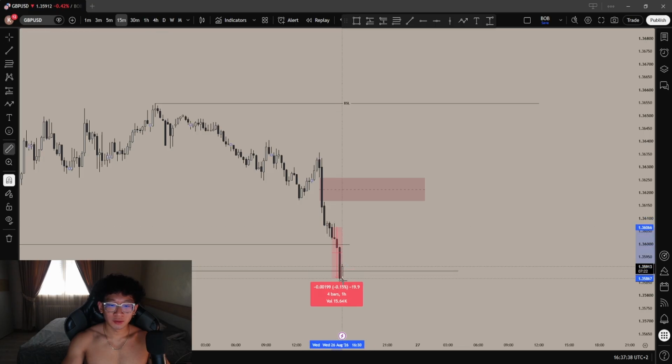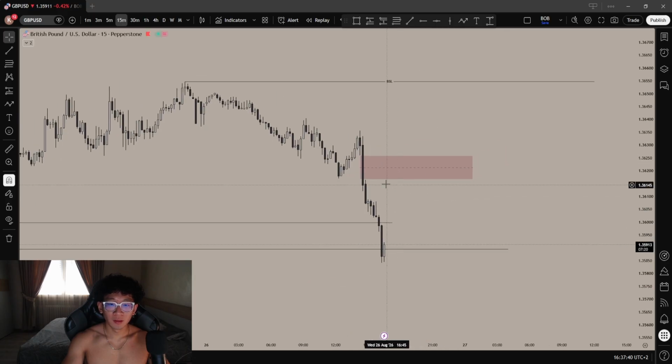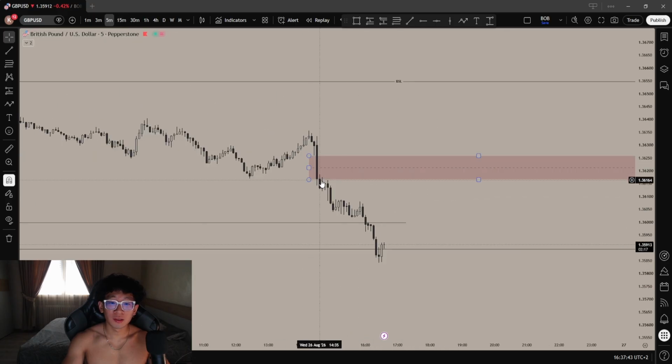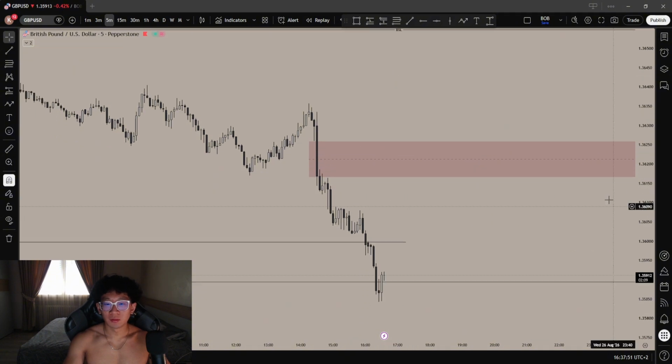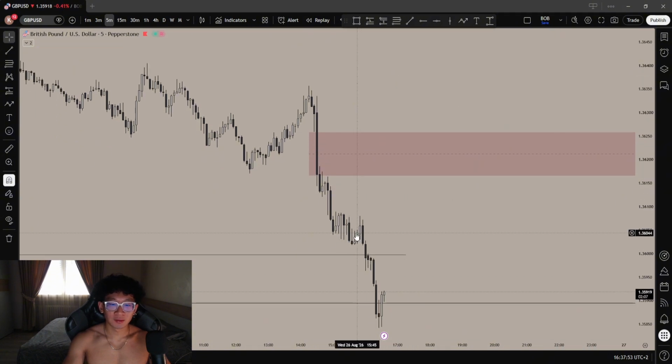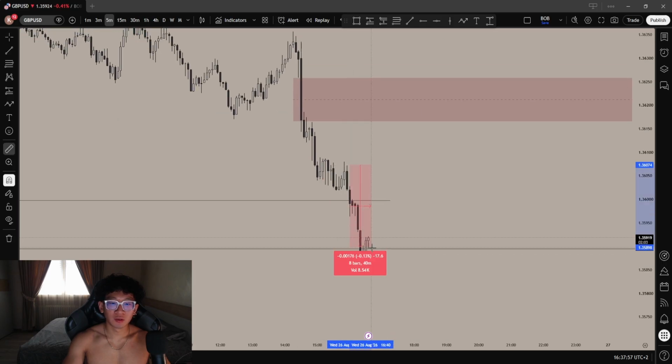It was just not enough, and we had no opportunities to jump into this trade due to lack of confluences because price just retraced this little bit right here and then kept dropping.